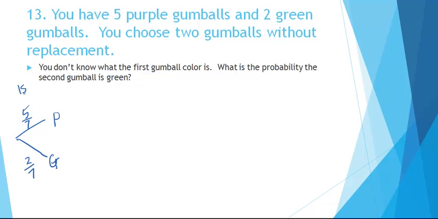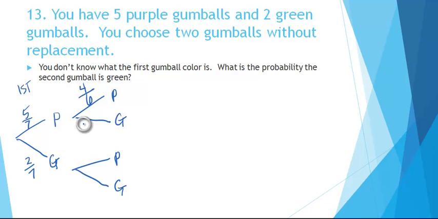And that's the first pick. Then for the second pick, again, they can choose either purple or green. Once they chose a purple, they only have 4 purple left because they don't replace it, and a total of 6. Here the number of green is 2 because they chose a purple first on this branch, and 6 left.